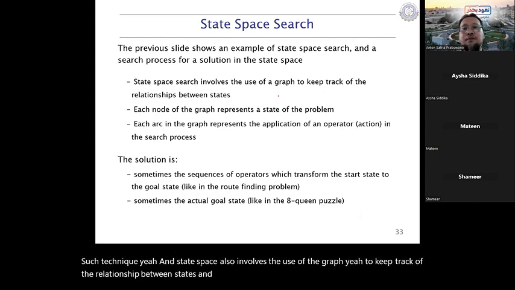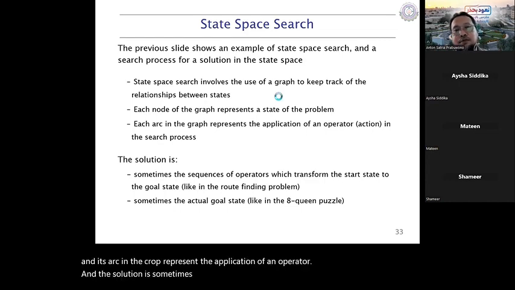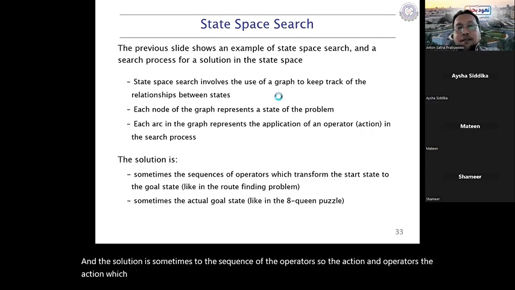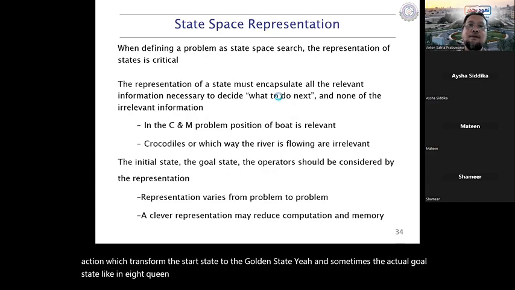Each node of the graph represents a state of the problem, and each arc in the graph represents the application of an operator. The solution is sometimes the sequence of operators, the actions which transform the start state to the goal state, and sometimes the actual goal state, like in the 8-queens puzzle.